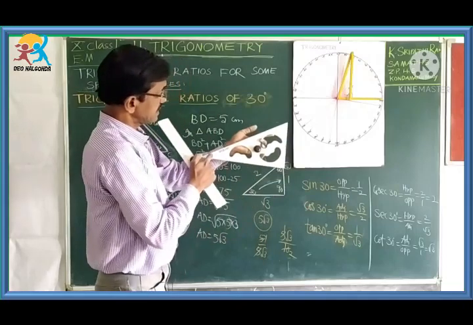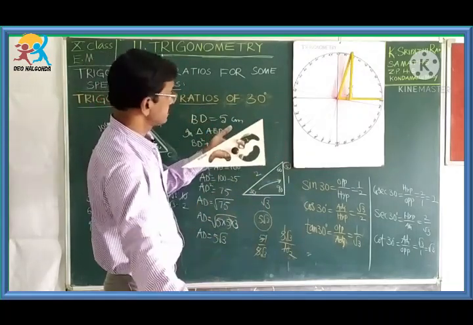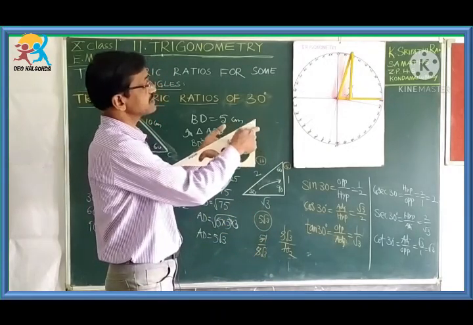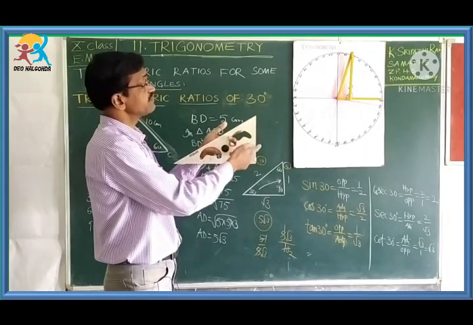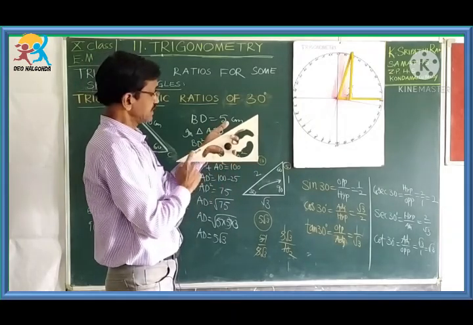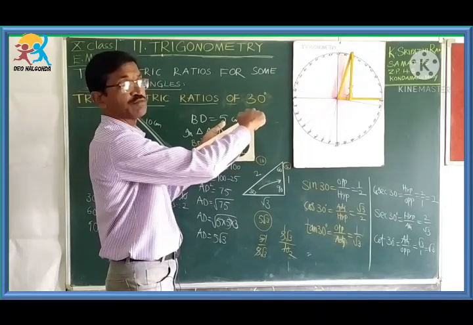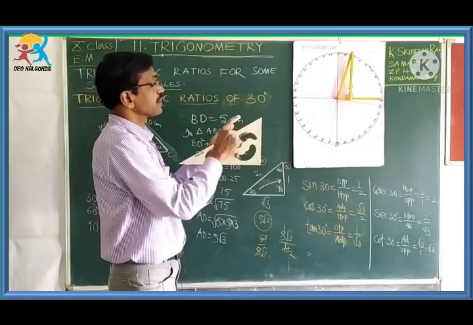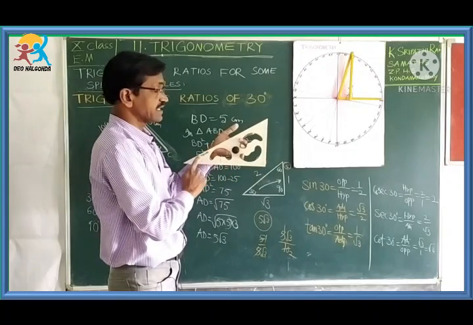So in the right angle triangle with 30 degrees and 60 degrees, sin theta is the opposite side to 30 degrees, 19, by the hypotenuse 38, that is 1 by 2. So when the angle is 30 degrees, the opposite side is half of the hypotenuse. Any small triangle or big triangle, the hypotenuse is double the opposite side when the angle is 30 degrees.